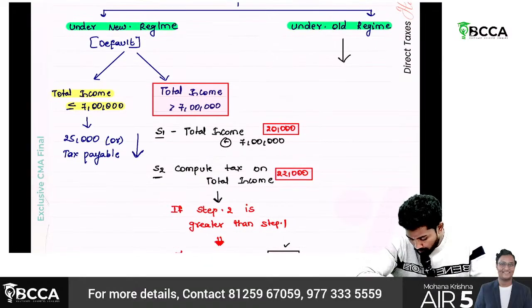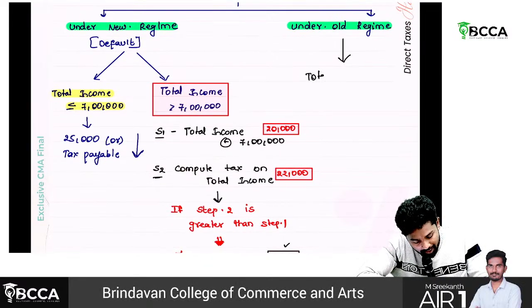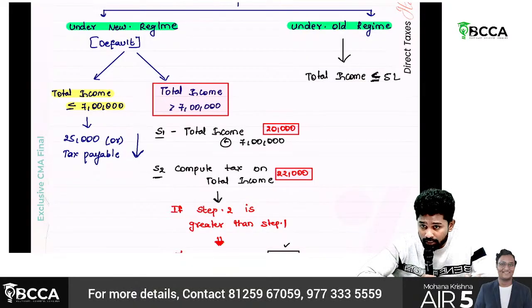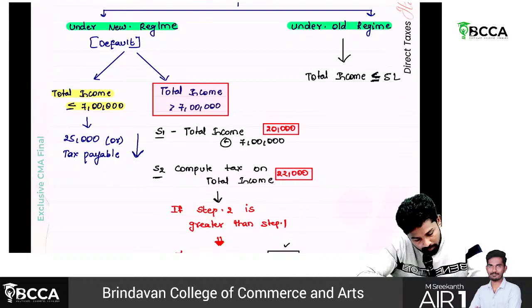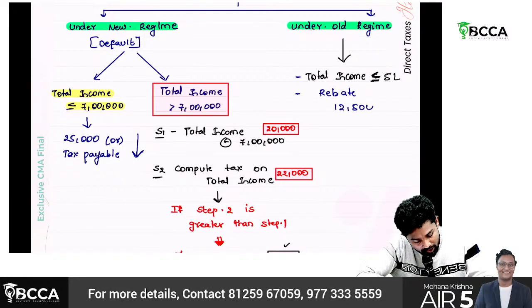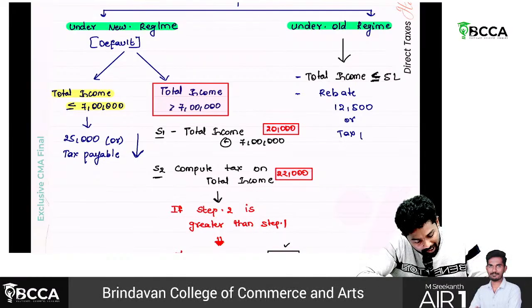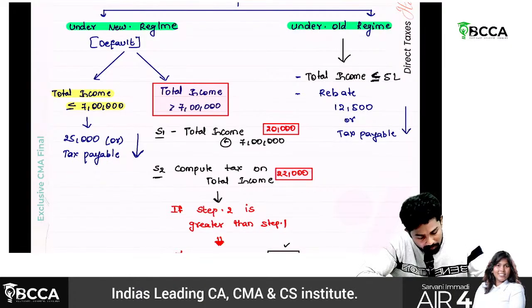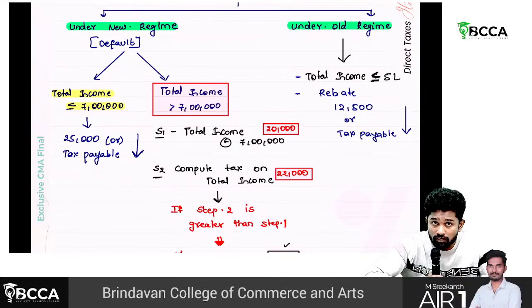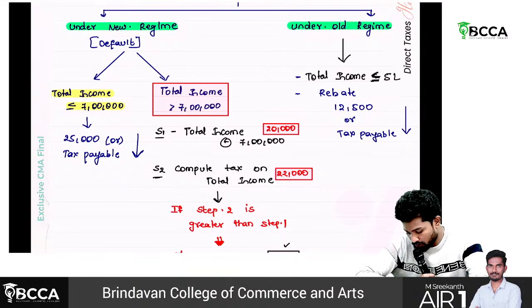Total income should be less than or equal to 5 lakhs. Then the rebate is 12,500 or tax payable, whichever is lower.